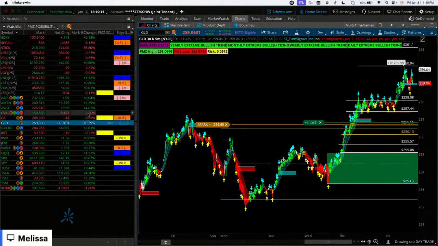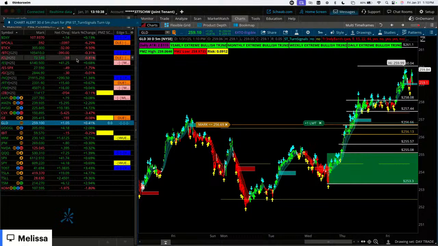Now, I admittedly tend to trade to the upside. So I am typically looking for green days, green momentum, green trend, bullish everything, and looking to trade the names that are outperforming.